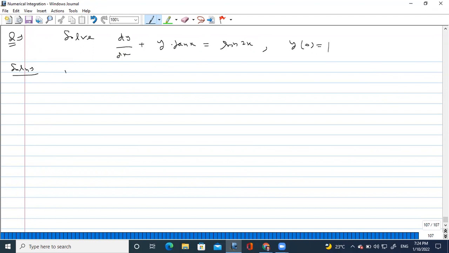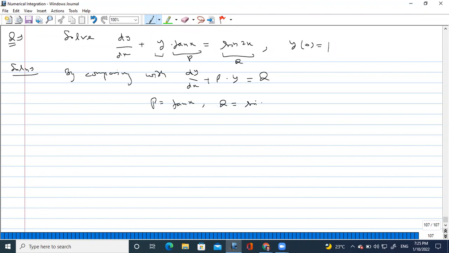So here again by comparing with dy by dx plus p y is equal to q, this will work as p and this will work as q. So here p is tan x, q is sine 2x. So integrating factor will be e to the power integral p dx, e to the power integral tan x dx.